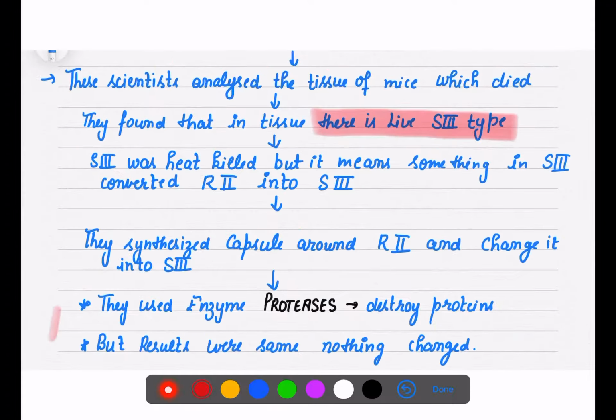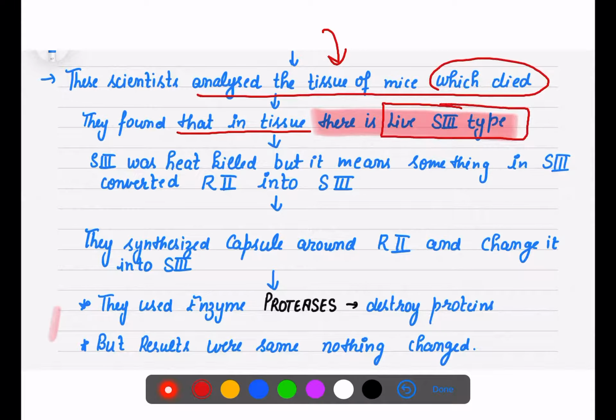So what they did, these scientists analyzed the tissue of the mice which died. They found that in the tissue there is live S3 type, whereas S3 was used heat killed. How did it change into live S3? So S3 was heat killed, but it means something in S3 converted something, or you can say something in S3 was converting R2 into S3.